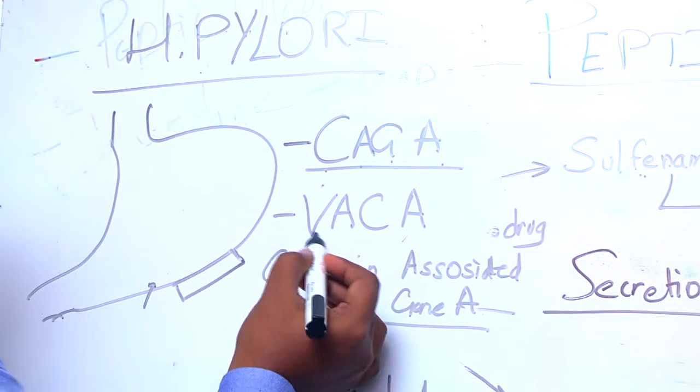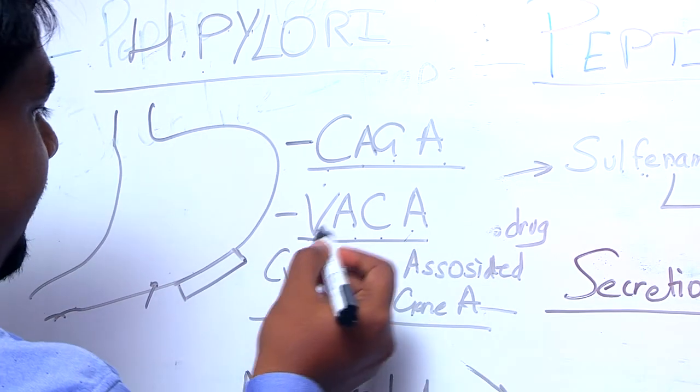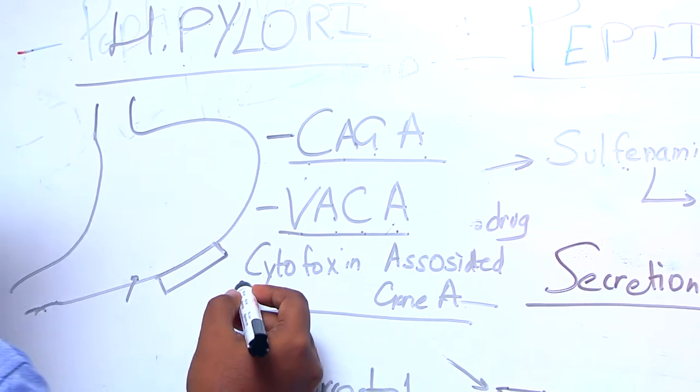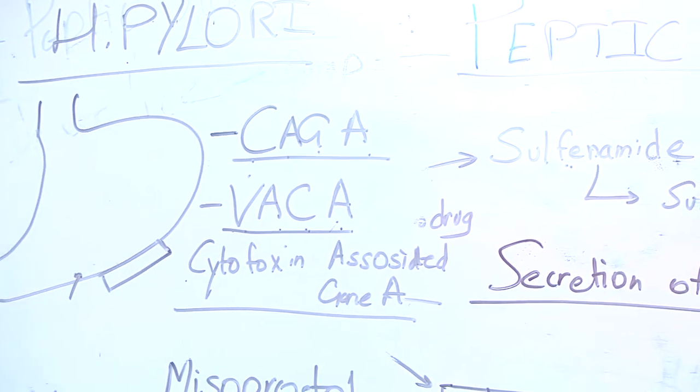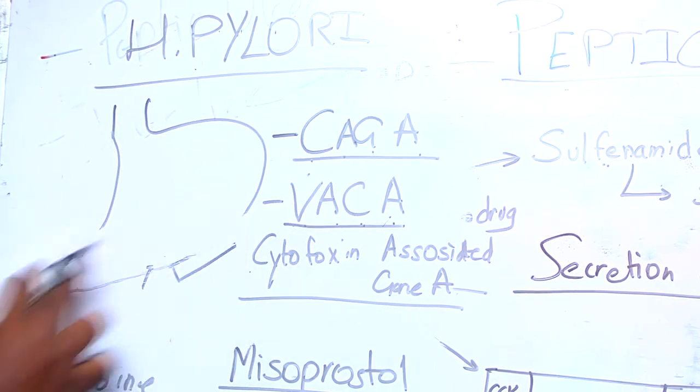Next is the vacuolizing cytotoxin A, which is called VacA. So what does this cytotoxin associated gene A do? Let me zoom in into a muscle layer of the stomach.